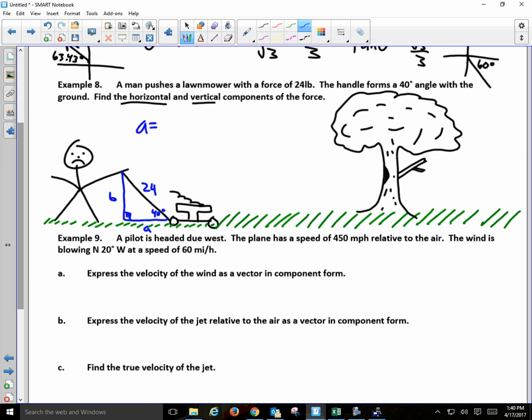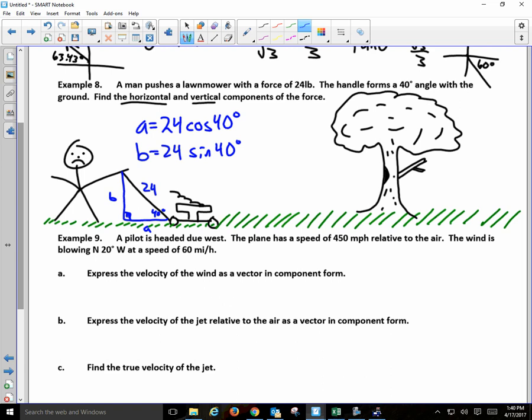How do you find A? 24 times the cosine of 40. And B would be 24 times the sine of 40.